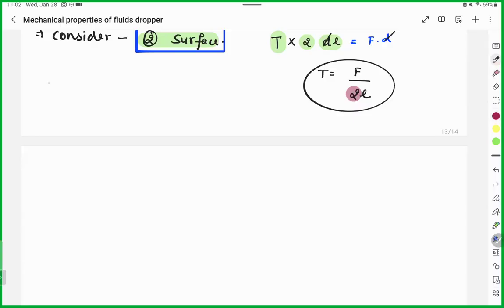If you consider two surfaces, outer and inner, in these two surfaces the total force is F. So for each surface your force will be F by 2. Make sense? So what is the tension? Force per unit length. What is the actual force acting on each layer? F by 2. Understood, Jordan? Yes, sir, understood.